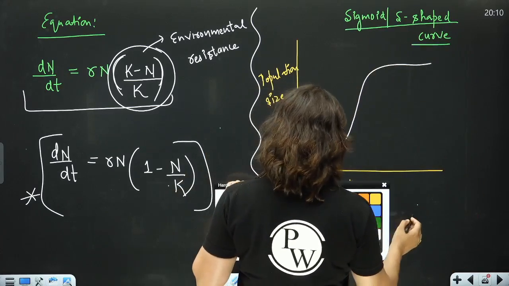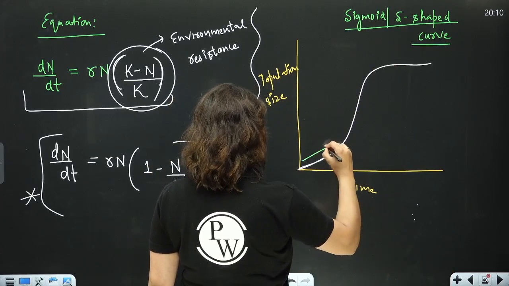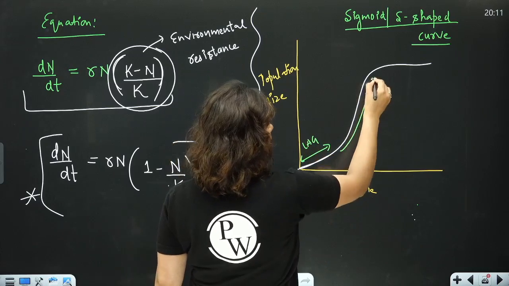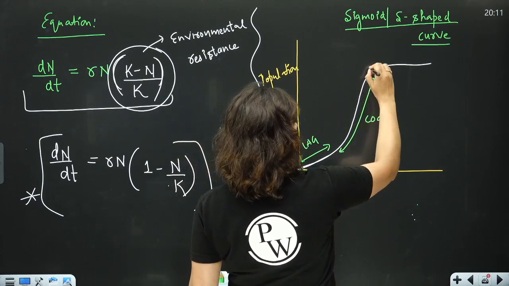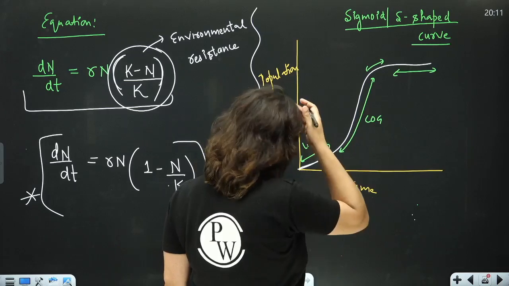So in an S-shaped curve, there are mainly three stages. The first one is the lag phase. This one is the log phase. This one is the small declining phase, and this one is the asymptote.